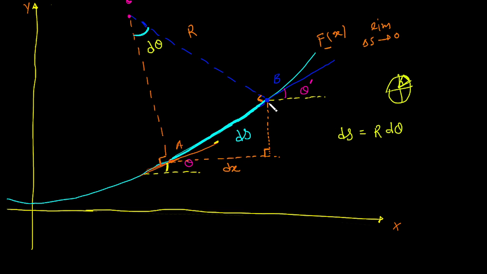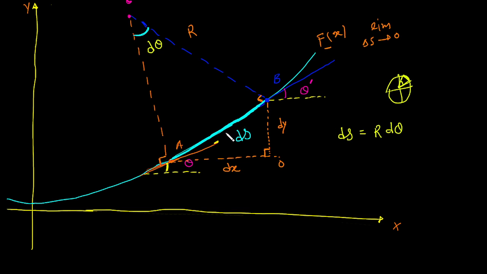In the same way, the vertical line has a dimension dy. Let's call this point O. So O, B and C form a right angle triangle.